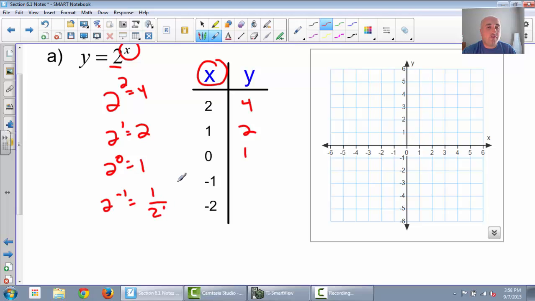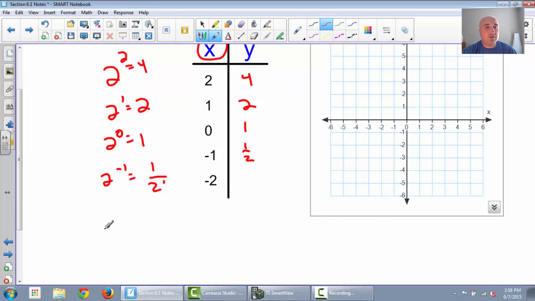So 1 over 2 to the first is 2. So 1/2. And then lastly, let's do negative 2. So 2 to the negative 2. Let's drop that to the bottom, turn it into a positive. So 1 over 2 squared is equal to 1/4. So our last ordered pair in our chart is negative 2, 1/4.